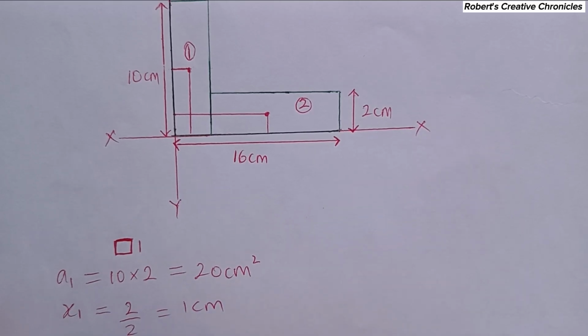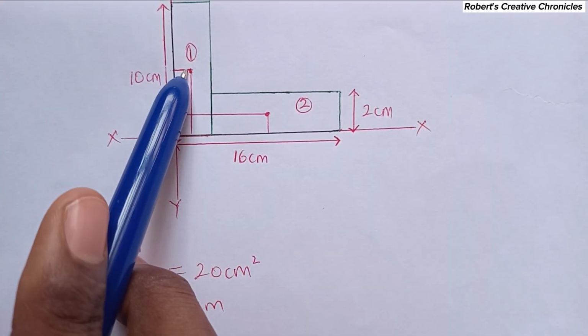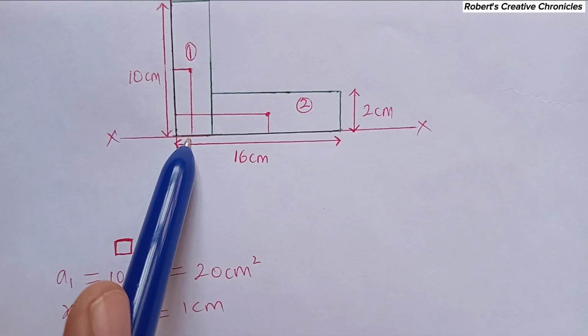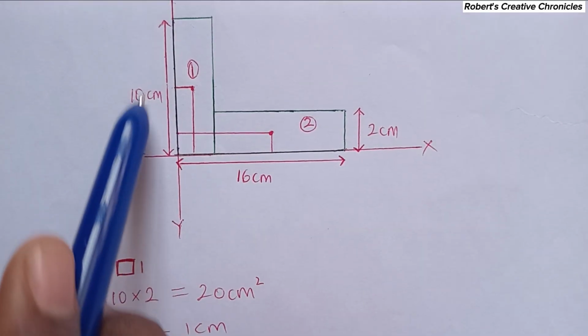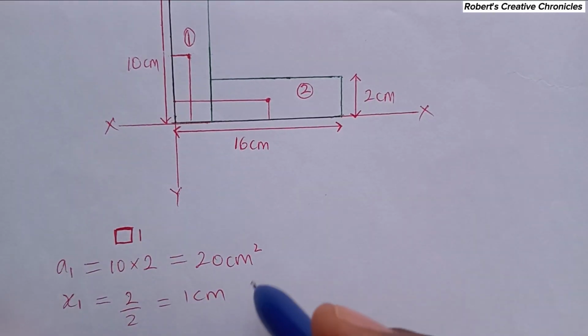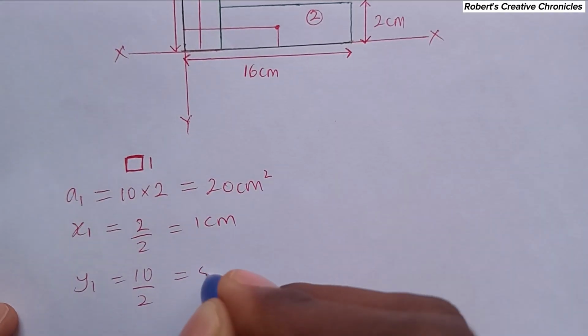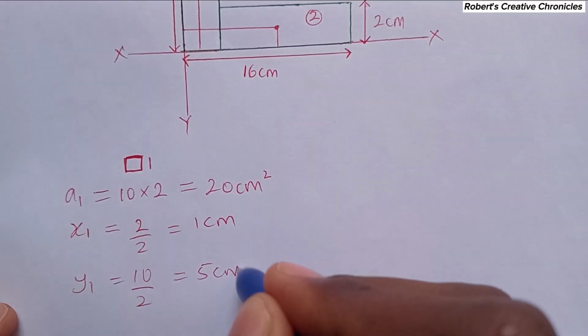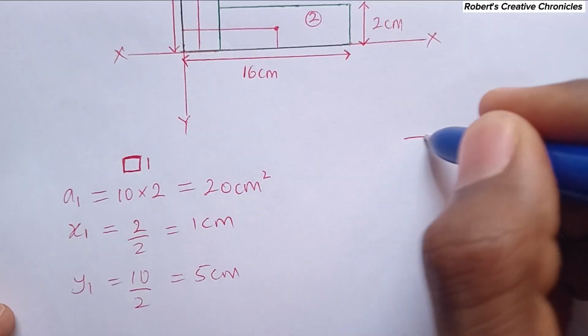Then y1 is the distance from this centroid to the other reference axis. This will be 10 divided by 2, which is 5 centimeter. Then the second rectangle.